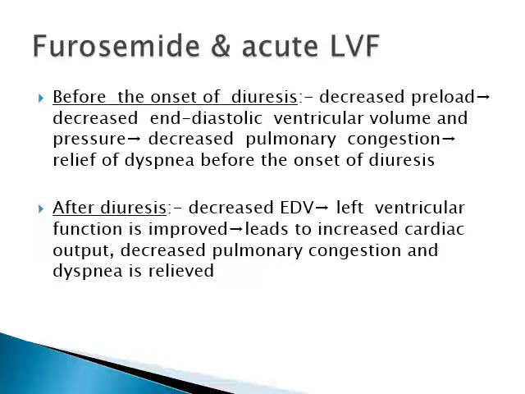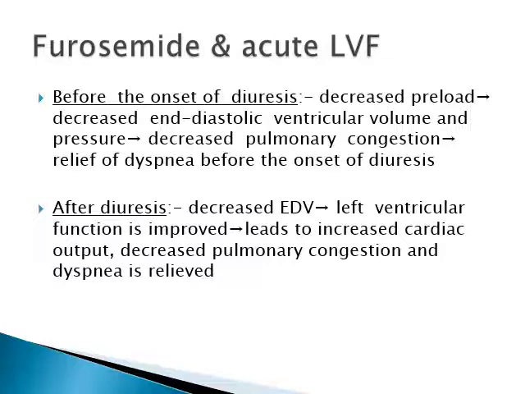After this diuretic action, you know that a diuretic causes increased excretion of urine, leading to decreased plasma volume or preload again. So again that will decrease the end diastolic volume. That will also cause improvement in left ventricular function.